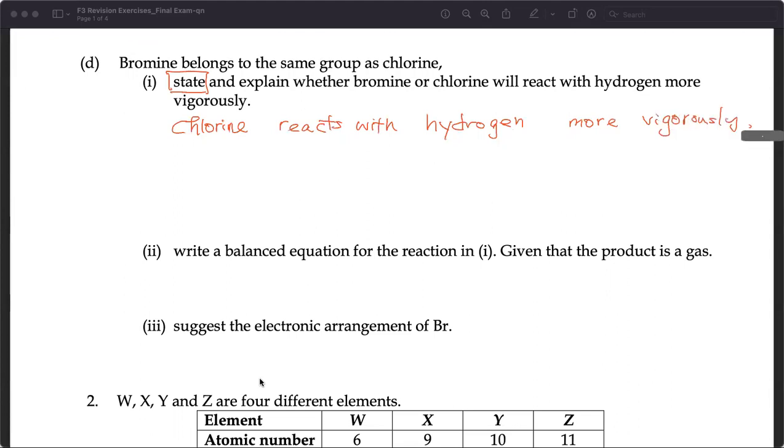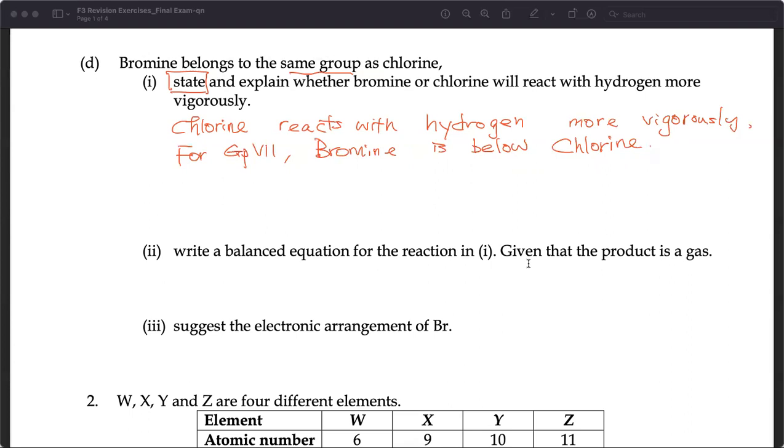But what is the reason? We need to talk about the same group nature. Bromine and chlorine belong to the same group, group 7. Bromine is below chlorine. Better to use the word instead of the symbol.